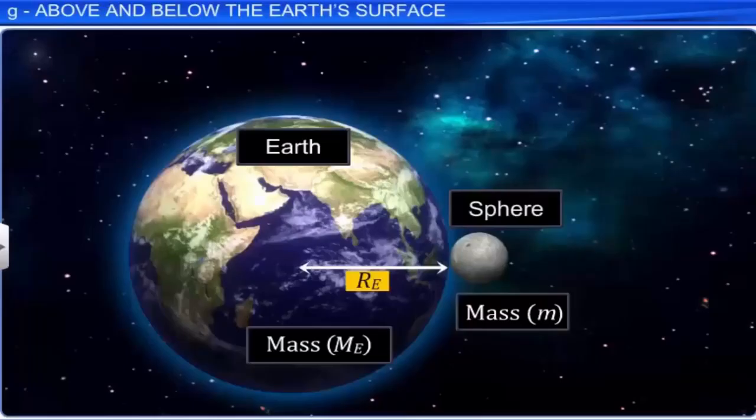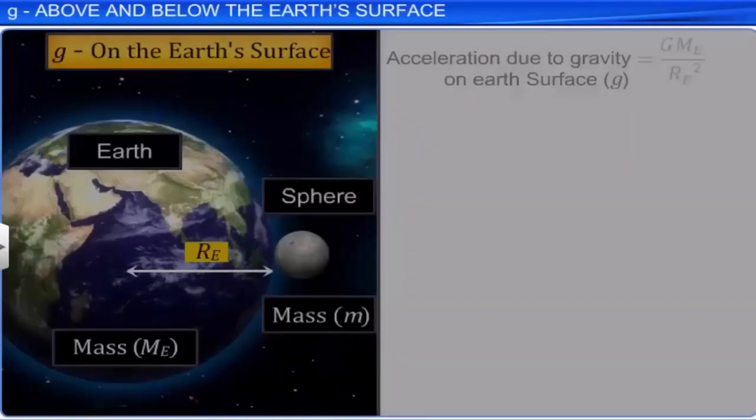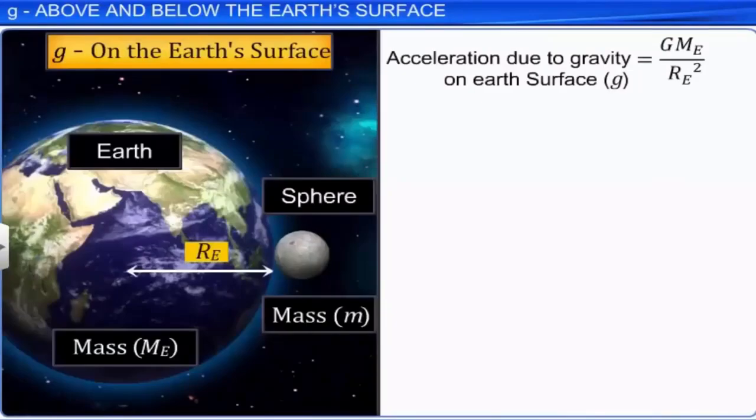In your earlier session, you learned about acceleration due to gravity on the surface of the Earth. The expression for acceleration due to gravity on the surface of the Earth is given by equation 1 as the product of the universal gravitational constant G and mass of the Earth Me divided by the square of the radius of the Earth Re.